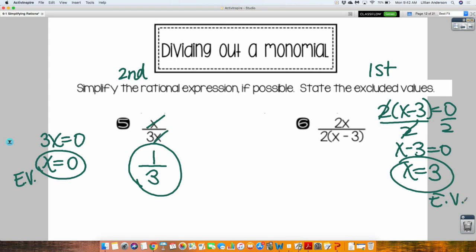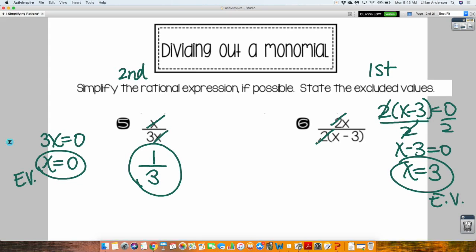Now to simplify this rational expression, I need to cancel out common factors. What do the top and the bottom have in common? They have a 2. Now this is where it gets a little sticky. Even though the top and the bottom both have an x in common, the bottom has an x minus 3 attached to it. So you leave it.